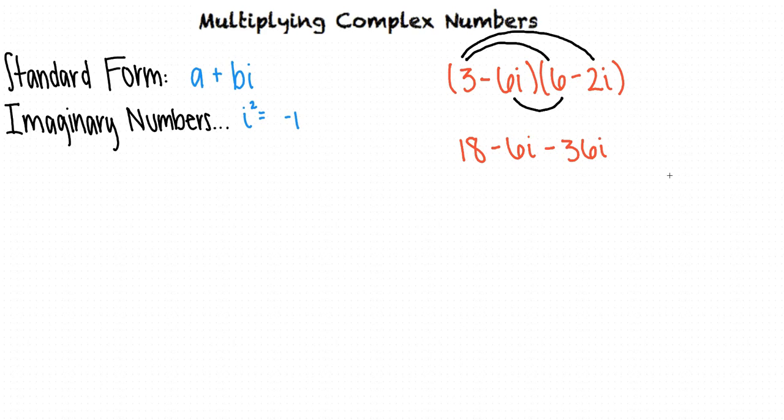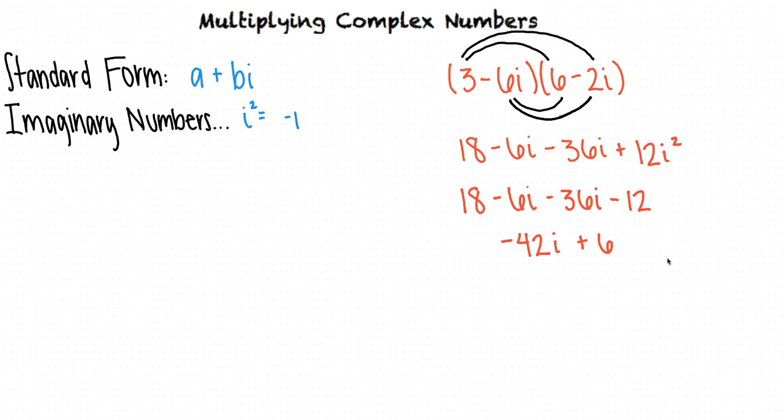And the last terms would be -6i times -2i, which gives us 12i squared. We said earlier that i squared equals -1, so we can change 12i squared to 12 times -1, which is -12. Now if we combine like terms, we get -42i plus 6.